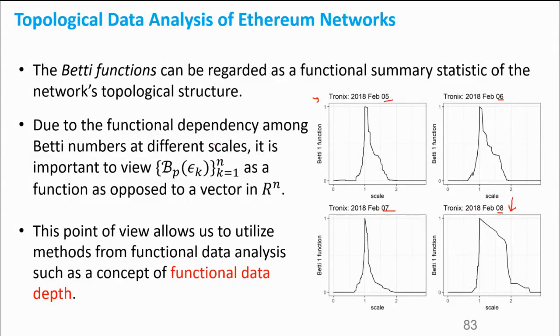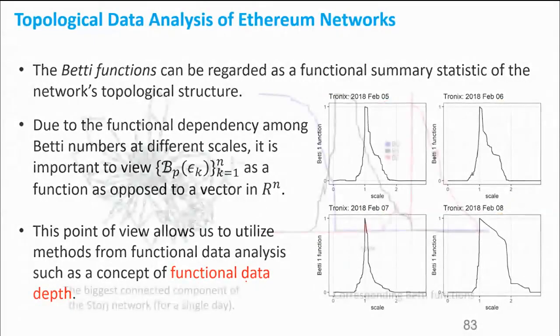Due to functional dependency among Betti numbers at different scales, it's important to view this Betti function as a function as opposed to a vector in n-dimensional space. Looking at the Betti function as a function instead of a vector allows us to utilize methods from functional data analysis. For example, we can use a functional data depth.